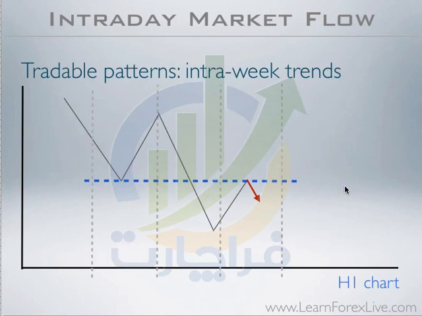What we are going to be searching for here is to identify those horizontal levels where price, again in a downtrend, found support, basically exhaustion points on the previous swing.